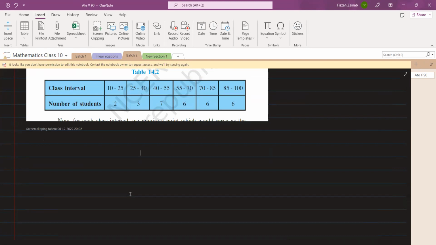See, I have this question. Direct method, I think you have understood, I should not repeat it. Let me do it with the assumed mean method now and explain what it is.